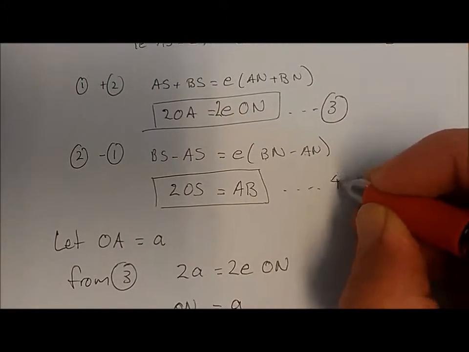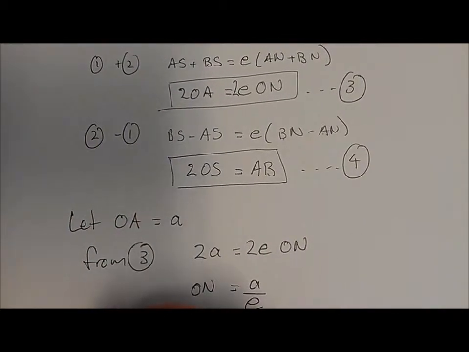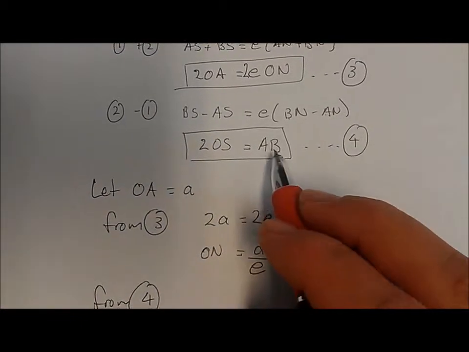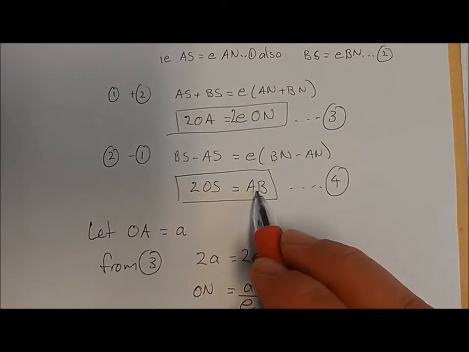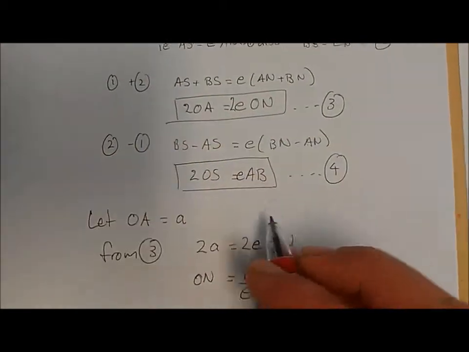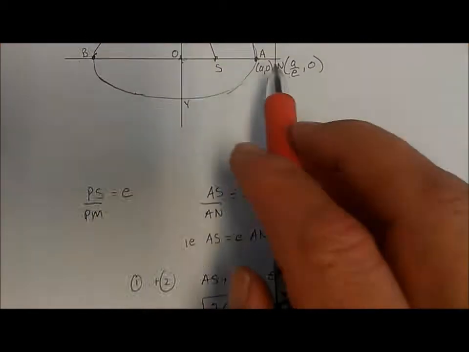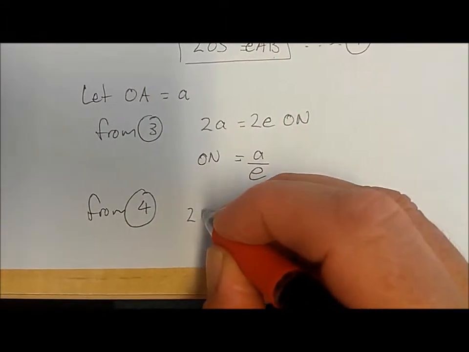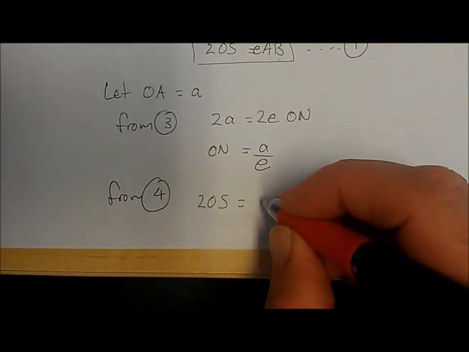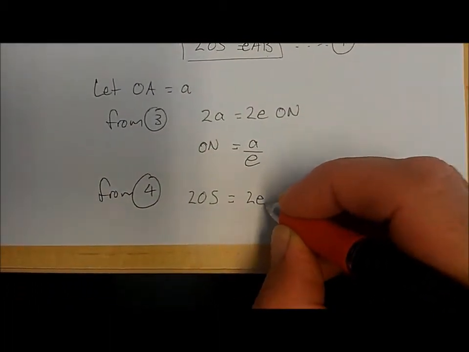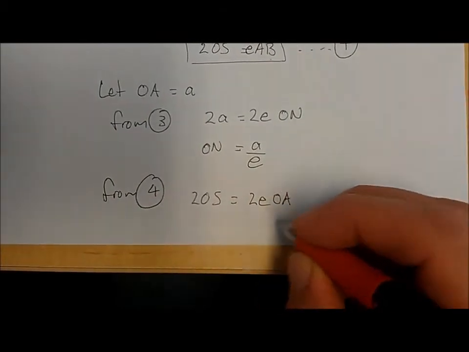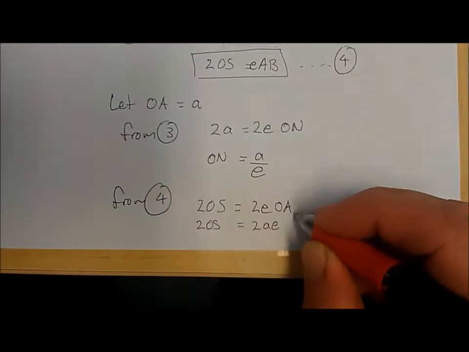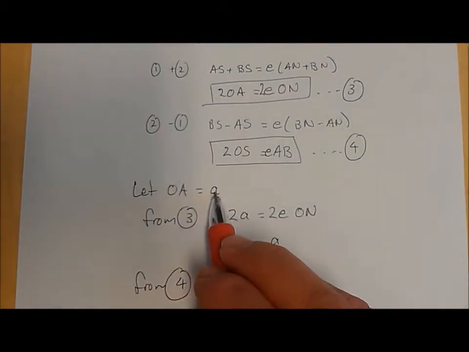So I've now managed to work out what the equation of the directrix is. Taking this one here, equation 4. From 4, remember, AB. I've left the E off here, sorry. So E times AB I've got here. Now remember AB is 2OA. So it's 2A there. So I've got 2OS is equal to 2E times OA. That's from 4, which means I get 2OS is equal to 2AE. OA, remember we said was little a.